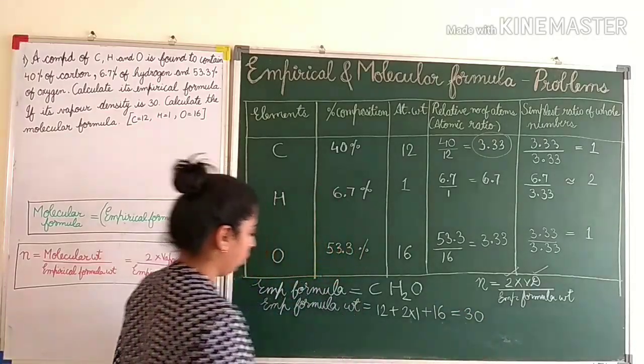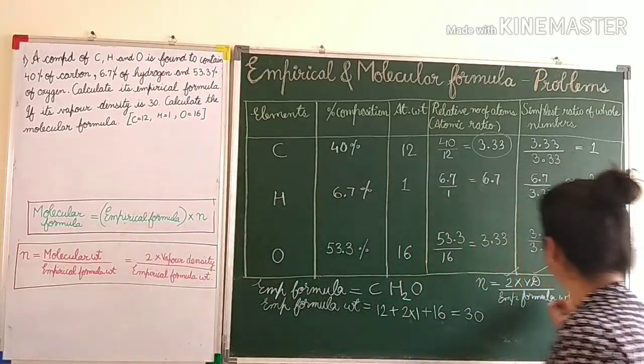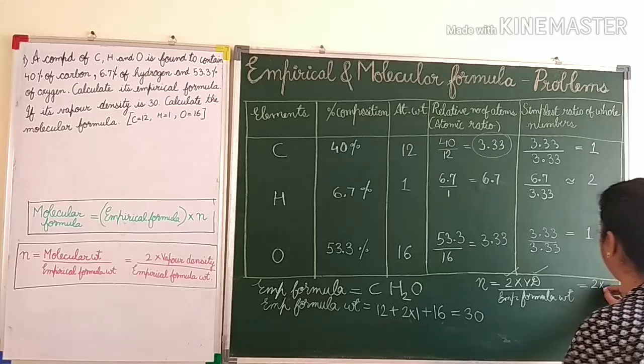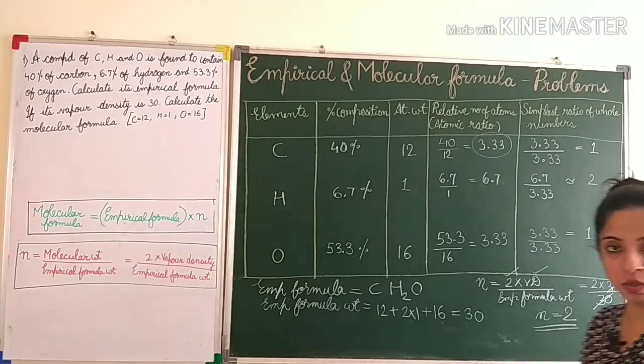Okay. So your empirical formula weight is 30. So now you calculate N. So N is twice into vapor density. Vapor density was also 30 and empirical formula weight is also 30. So these two get cancelled. So your N becomes 2. Your N is 2. Right?